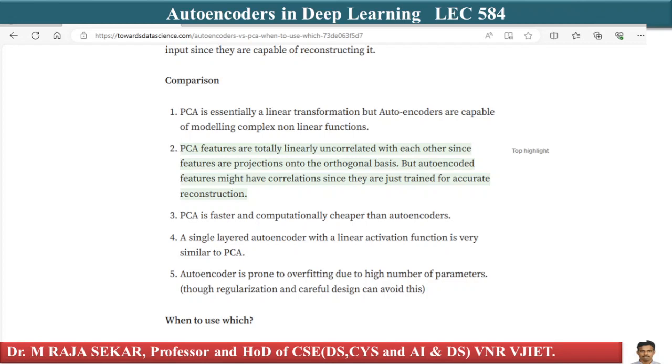When you have multiple hidden layers, it is not related to PCA. It is far more complex. Your autoencoder is far more complex than PCA. But if you just have one hidden layer and all the activation units being sigmoid, the output you get through the autoencoder is very strongly related to PCA.